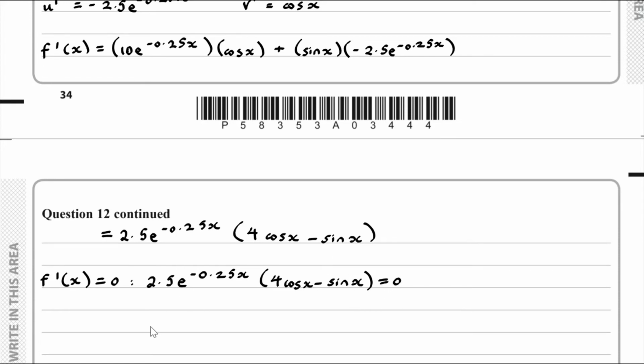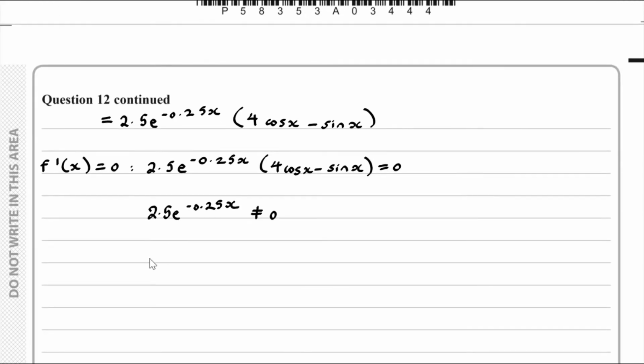Of course, 2.5 e to the minus 0.25x cannot equal 0. So because this cannot equal 0, we have 4 times the cosine of x minus sine x equals 0.